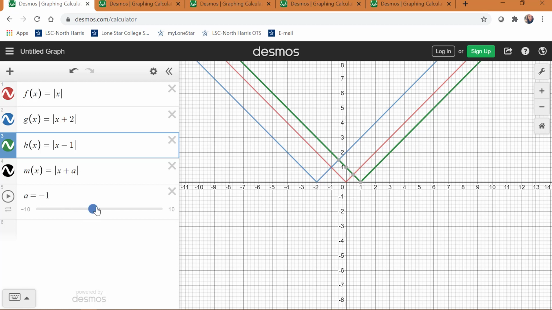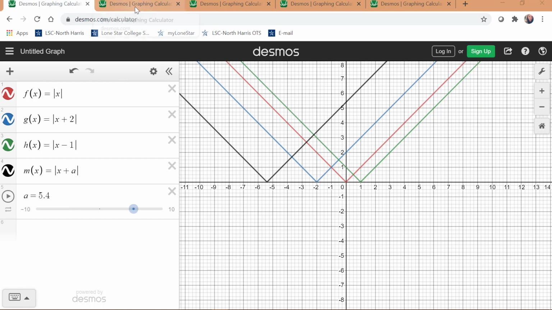So the graph will shift in the opposite direction that we associate with the sign if we add or subtract some number on the inside. So adding or subtracting a number on the inside will shift our graph left or right, that number of units, but in the opposite direction that we associate with the sign.